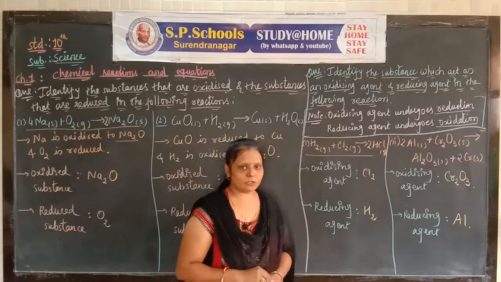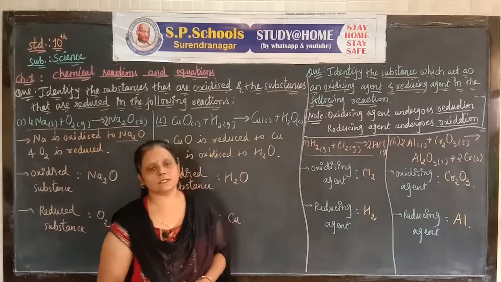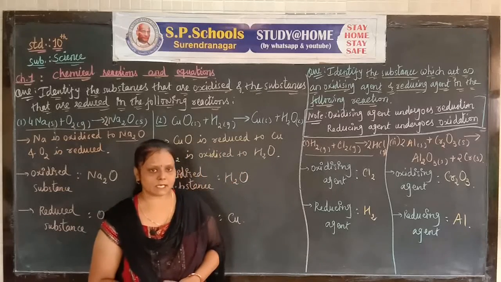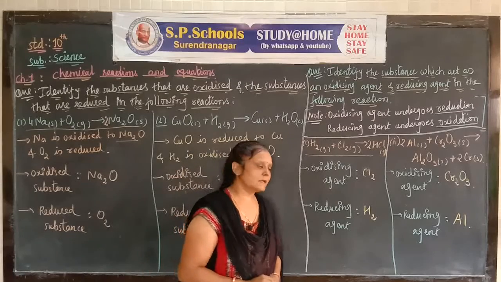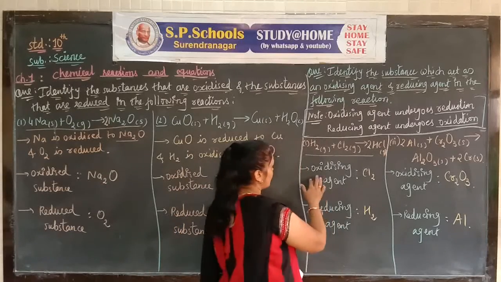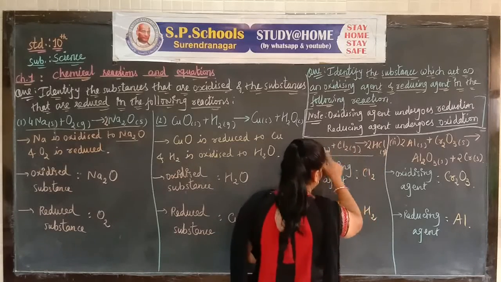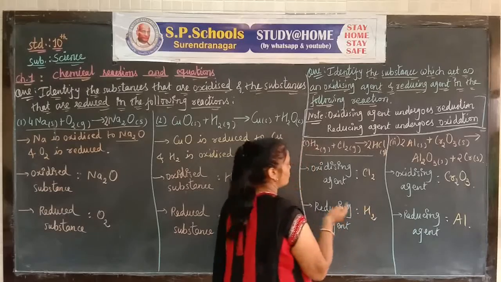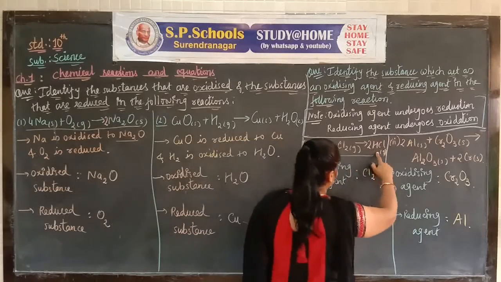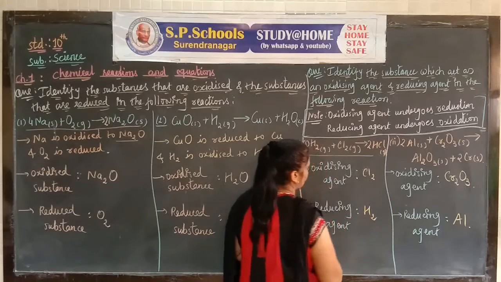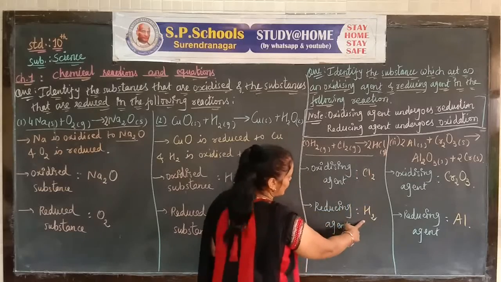We know that when a substance loses hydrogen it is called oxidation, and when it gains hydrogen it is called reduction. So here H2 gains the Cl and forms HCl.